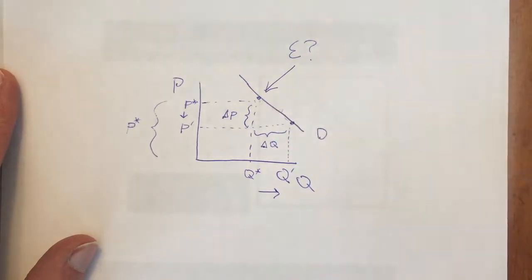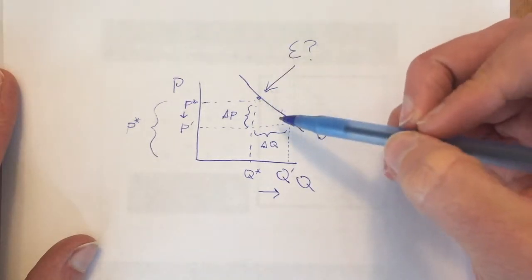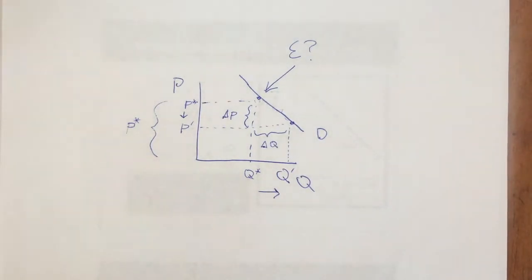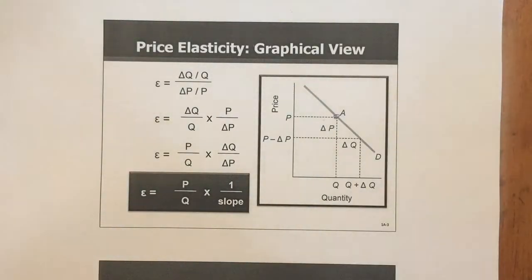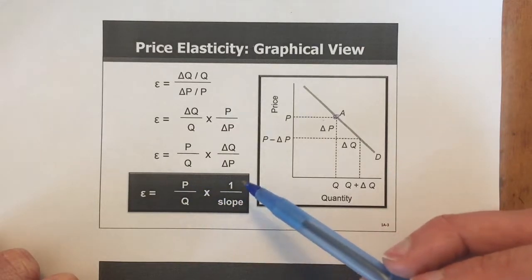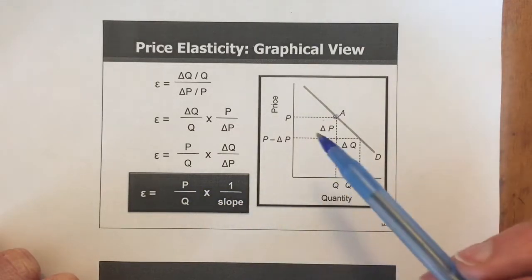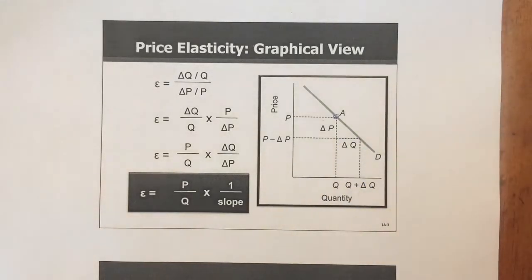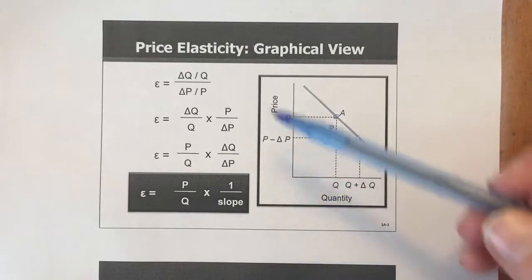So we're going to be able to show that we can calculate elasticity with that. So returning to our equation, elasticity is price over quantity times 1 over the slope. It's showing that relationship. Let me also add just how that's derived.